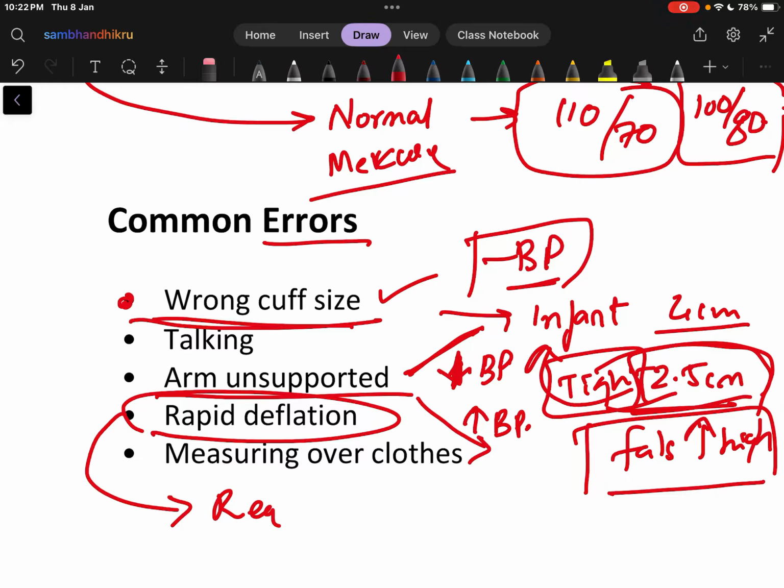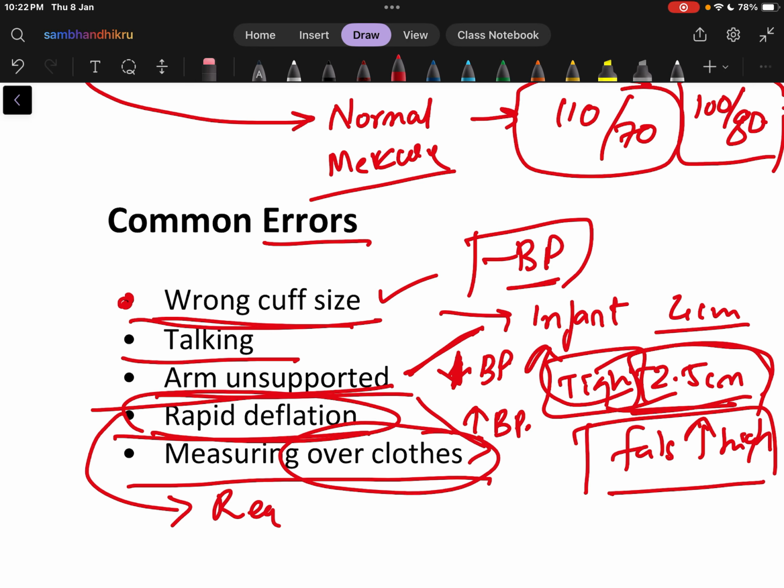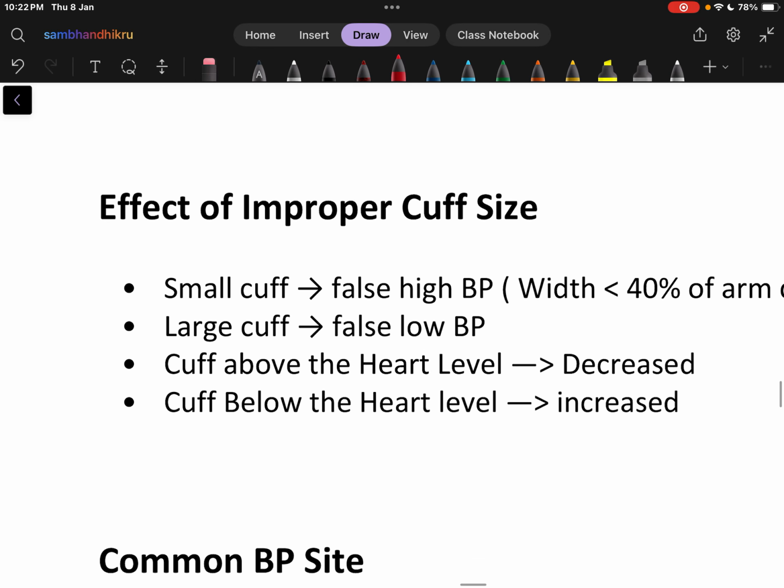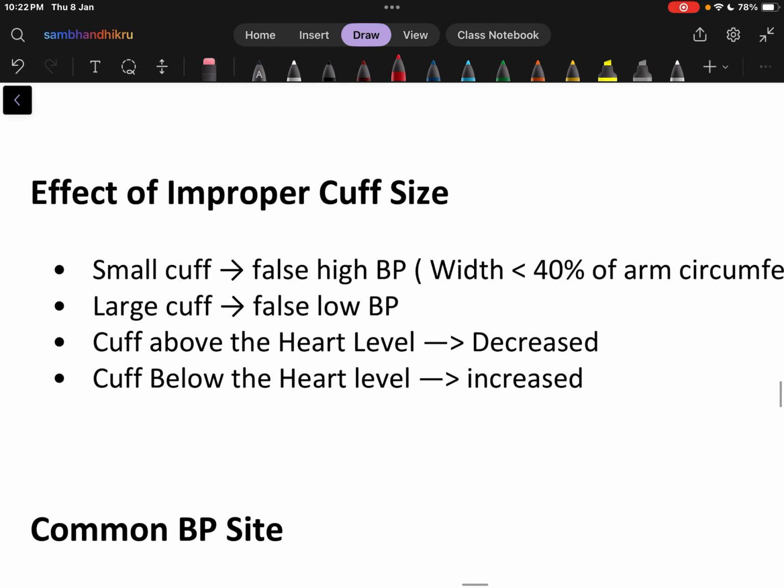Wrong cuff size, talking in between the procedure, arm unsupported, rapid deflation, measuring over the clothes. If you are measuring over the clothes, that also will give you wrong readings. Okay, next, effects of improper cuff size. A small cuff will give you a falsely high BP, as I said.